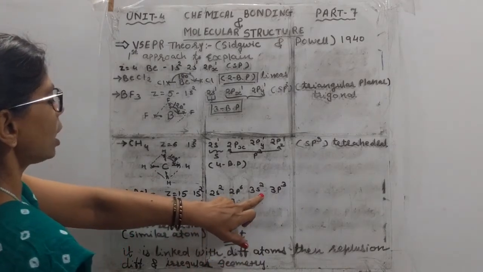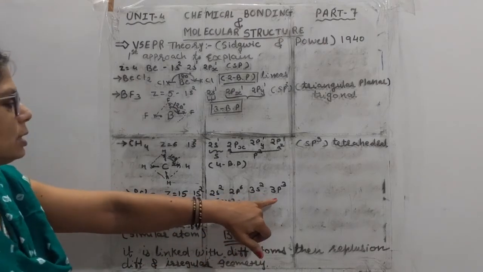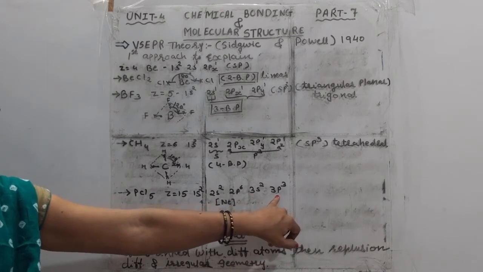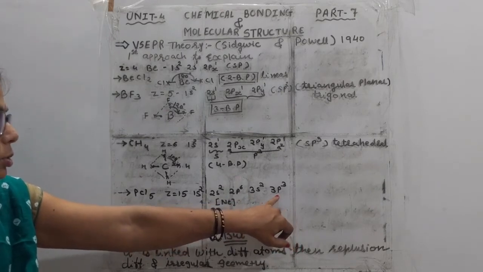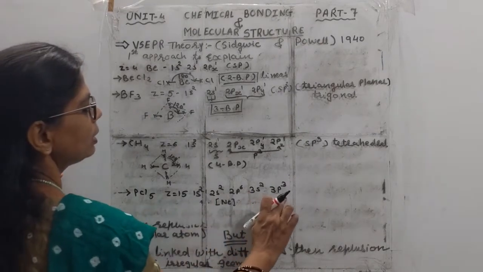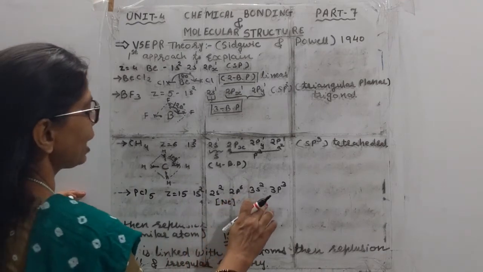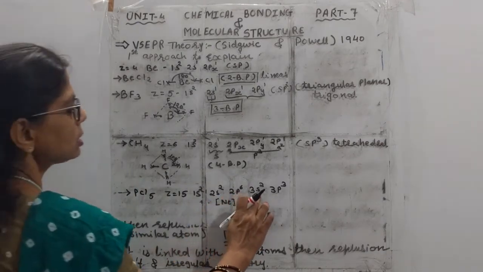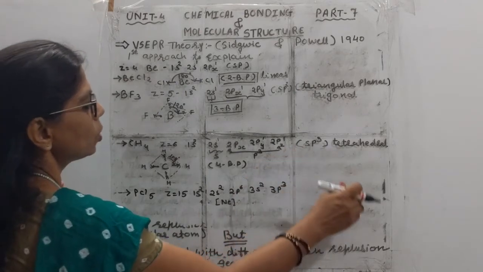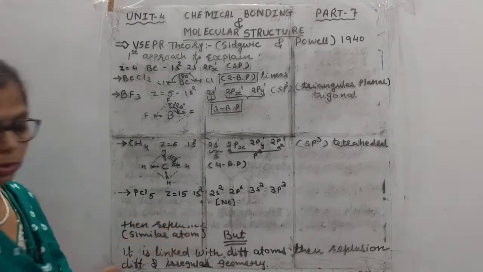Now this is the ground state. In the excited state also, students, this has a half-filled p orbital, and its stability is more. So here we say that it has a vacant d orbital. So what will happen?